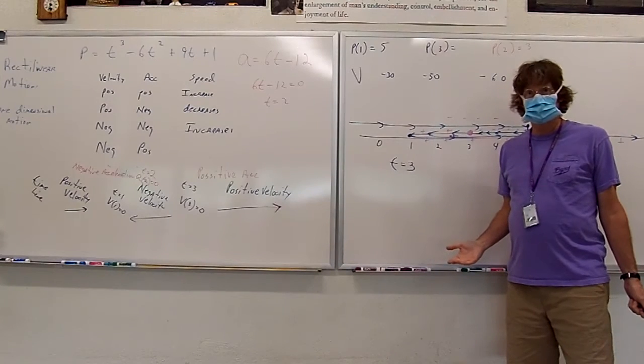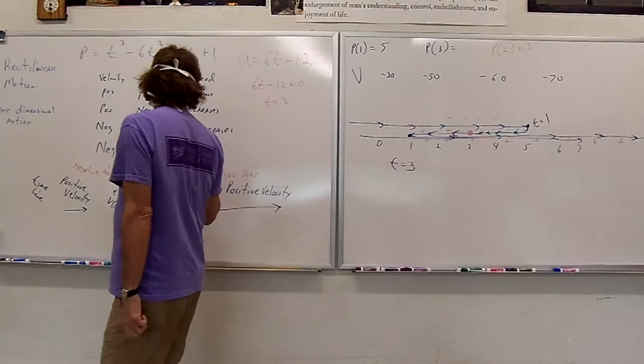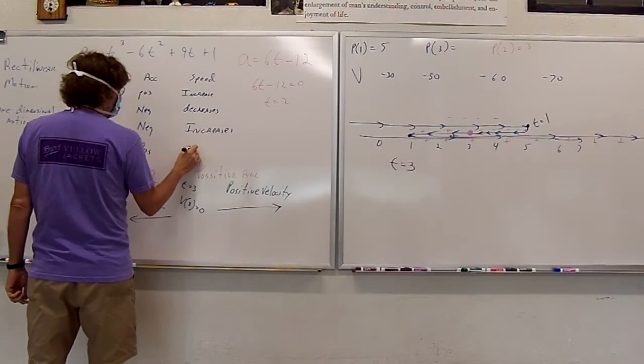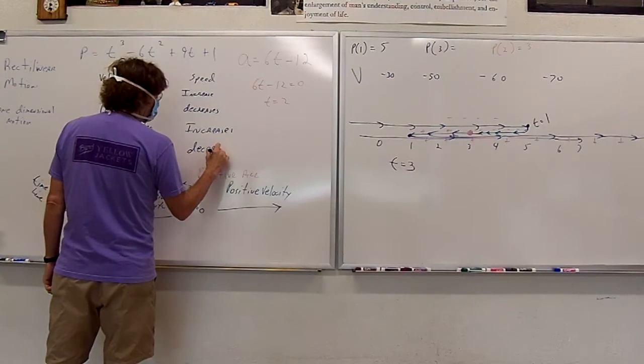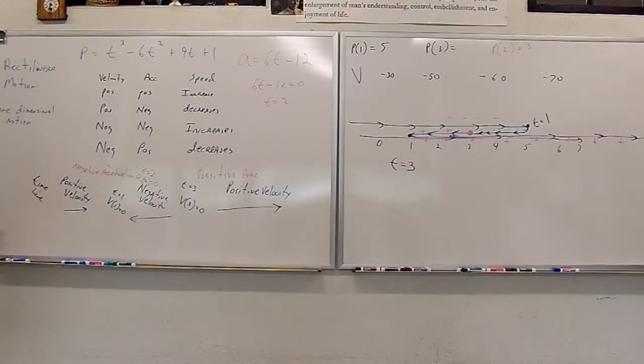Is that okay? Is that right? Slows down. So the speed does what? Decreases. Now, speed decreases. Please trust, but the velocity tells you the direction. Both of these are moving in the positive direction. Both of these are moving in the what? Negative direction.